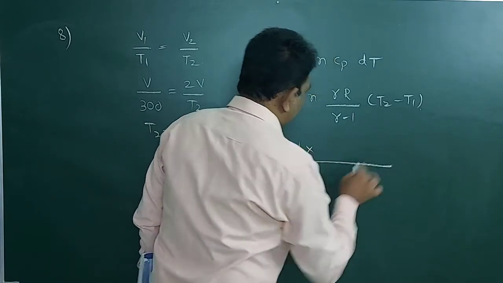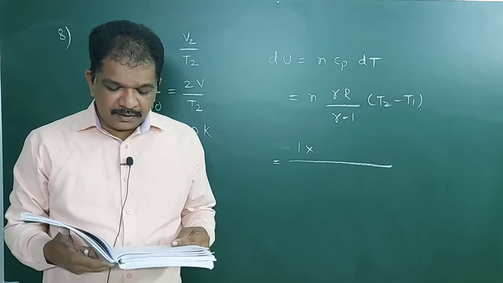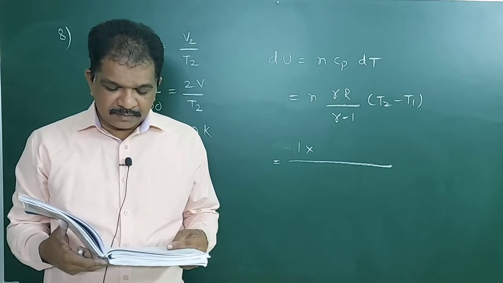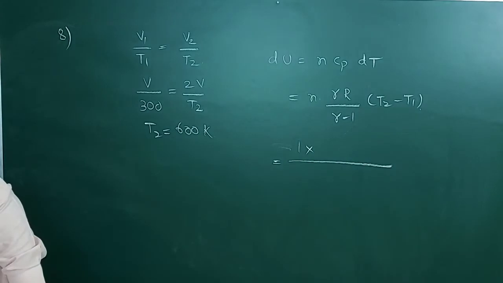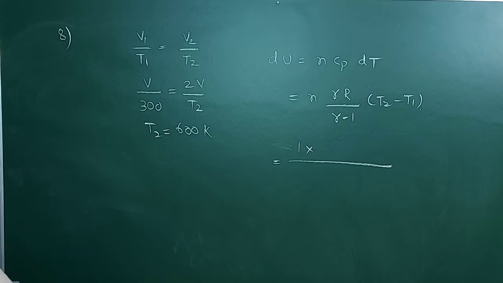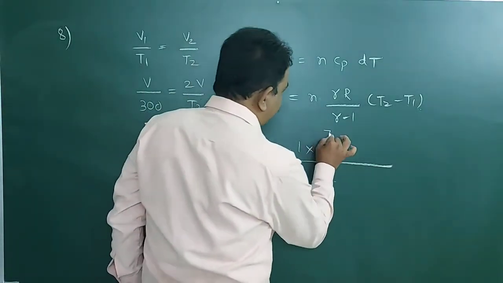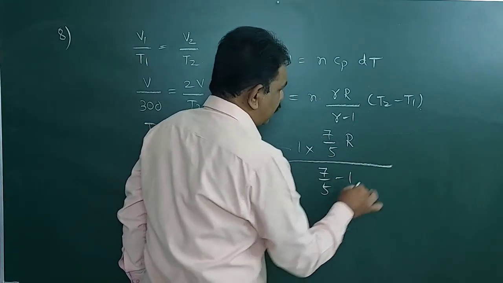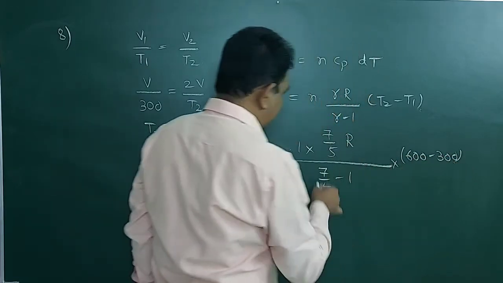And gamma value will be 5/3, that is 1 mole of diatomic gas. Okay. So 5/3 or 7/5? 7/5, no? So 7 by 5 R by 7 by 5 minus 1 into 600 minus 300.